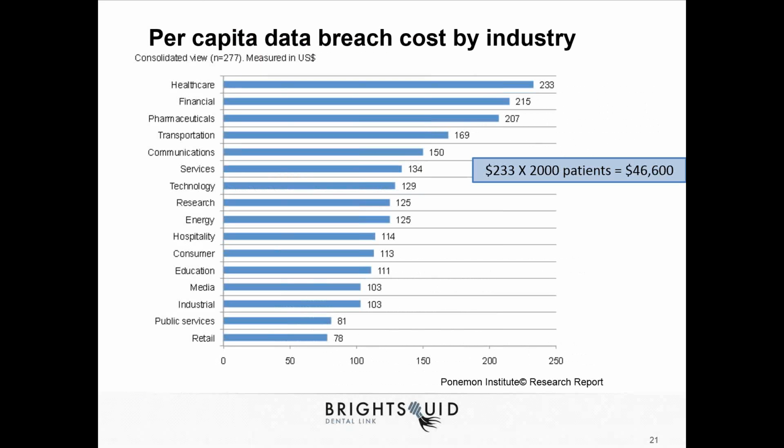Most of the practices that I see have 4,000 to 8,000 to 12,000 patients, and one of the practices I came across about a year ago had about 42,000 patients in that practice's database. So you can do the multiplication. It's a pretty expensive process.